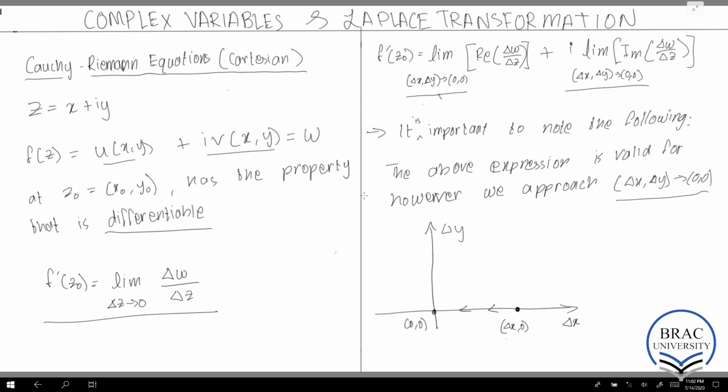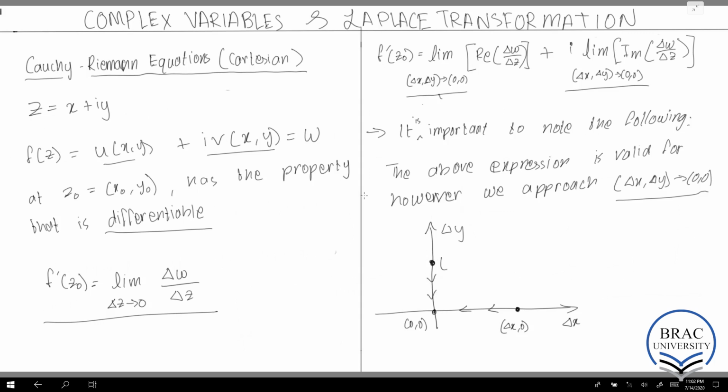What you're successfully doing here is fixing a value for delta y, which is going to make our life a little bit easier. It's one of the tricks of complex analysis, and something you should well understand and be equipped with. In similar fashion, we can approach 0, 0 from the vertical axis.